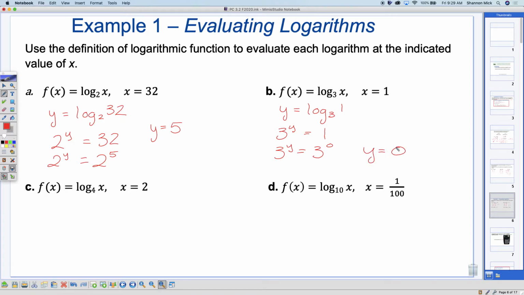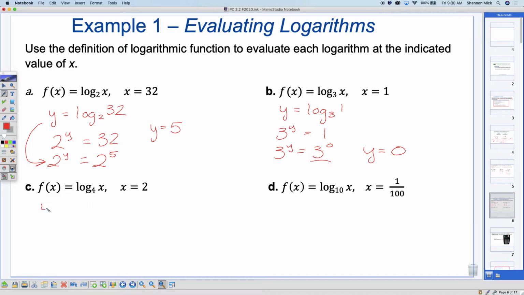This is the work I need to see, guys. You could have gone straight from here to here if you wanted to, but I need to see all this work. I need to see you tell me that you know that 3 to the y is 0.